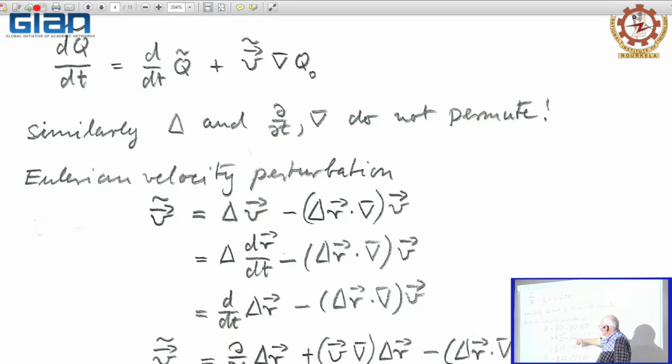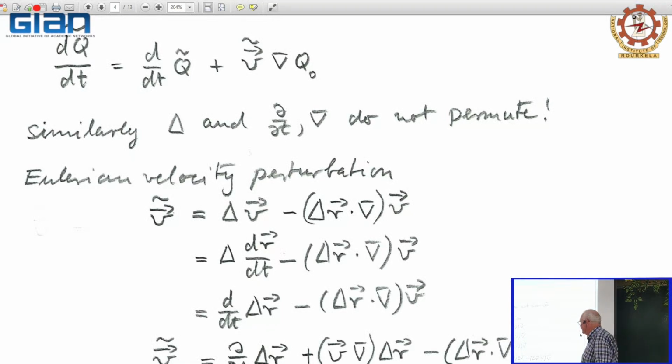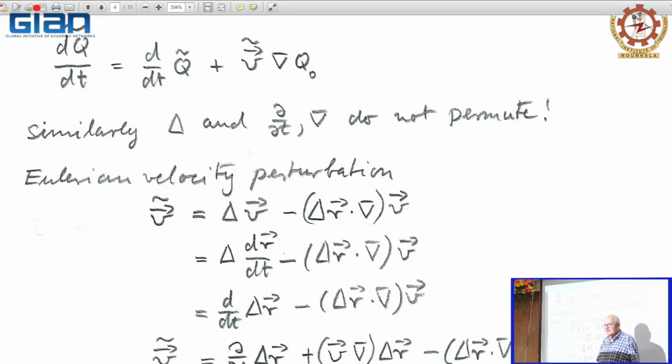Now we know the velocity is the Lagrangian derivative with respect to time of the position vector in the Lagrangian sense. Now we know delta and d by dt commute. So this is d by dt of the Lagrangian displacement. Minus, of course, this term is kept.